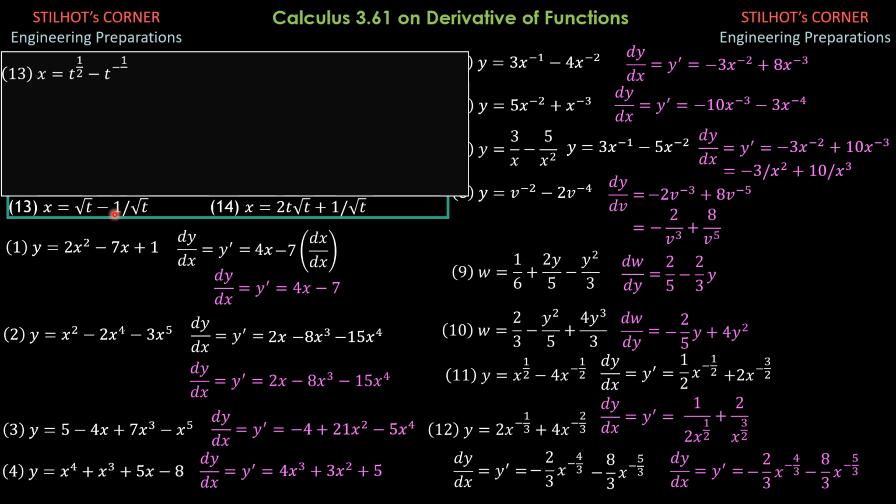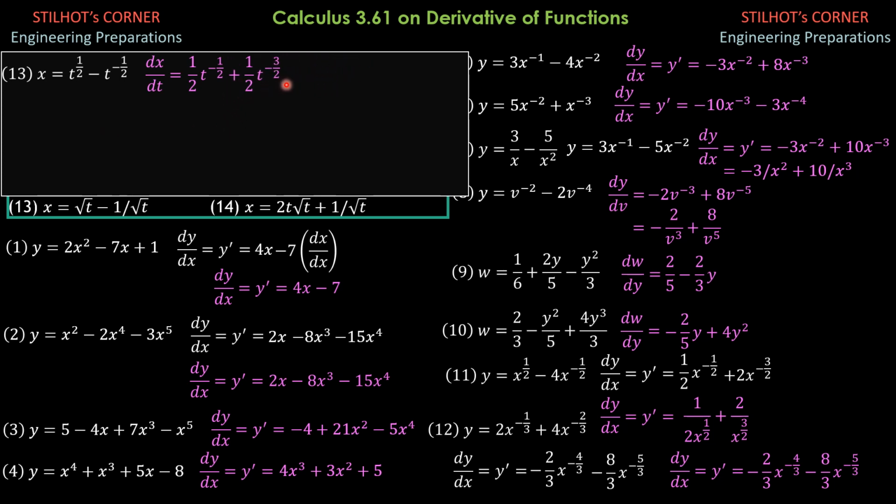So x is t to the 1/2 minus t to the negative 1/2. So dx/dt by the power formula, the first part is 1/2 t to the negative 1/2. Then the second one is negative 1 times negative 1/2, which is positive 1/2, t to the negative 1/2 minus 1. So positive 1/2 t to the negative 3/2.